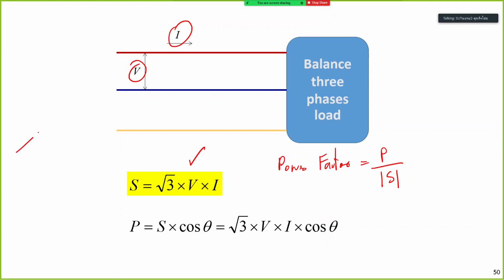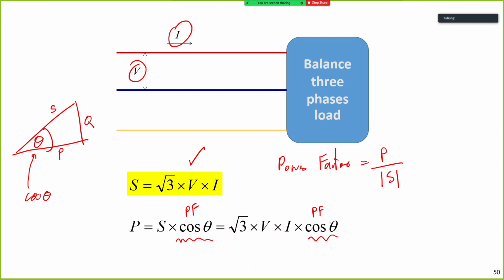Power factor can also be represented by the cosine of this angle called theta, because this is P, this is S, and this is Q. So we can use cos theta instead to represent power factor here. And this is called the complex power analysis.